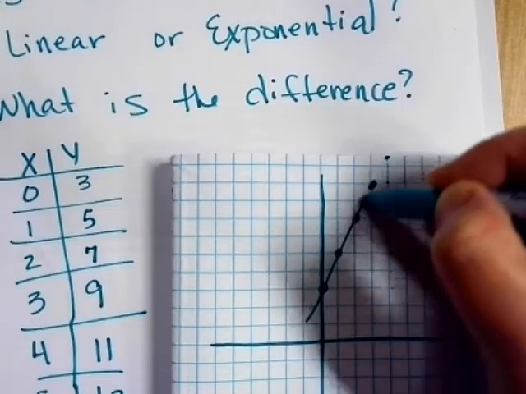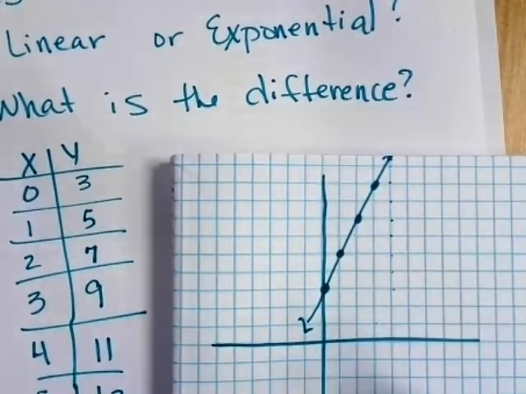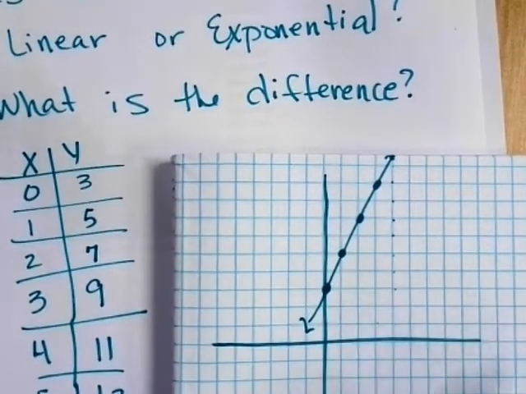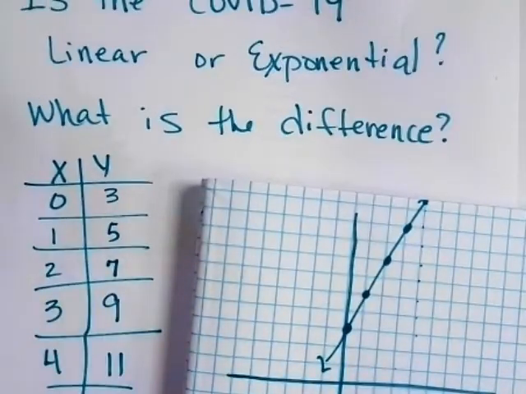It's a straight line, okay? It is a straight line. It's going up, it's increasing, but it's a straight line. That's what linear is, okay?